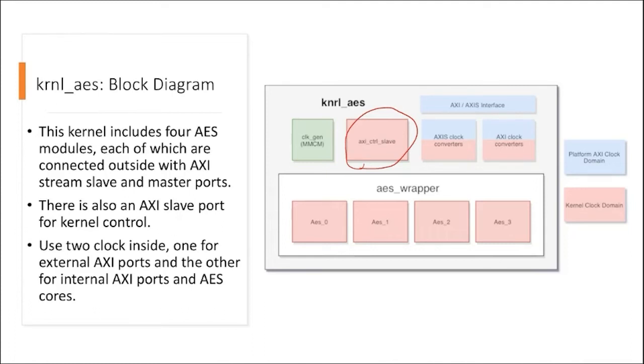In this design, we use 2 clocks, one for the external AXI port and the other for the internal AXI port and AES core. In this way, we can speed up the AES design with a faster clock. And we have to use a clock converter to convert the clock between the external AXI port and internal AXI port.